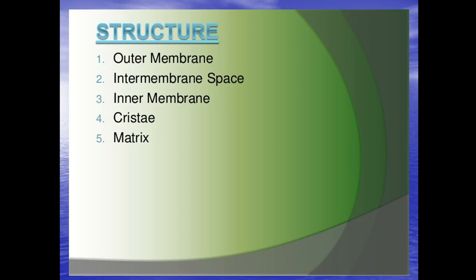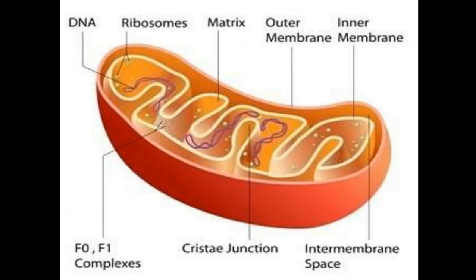Here you can see 5 parts in the mitochondria: outer membrane, inner membrane, intermembrane space, cristae and matrix. See here, you can see this clearly. This is the outer membrane and this is the inner membrane. And this space is known as intermembrane space or perimitochondrial space.